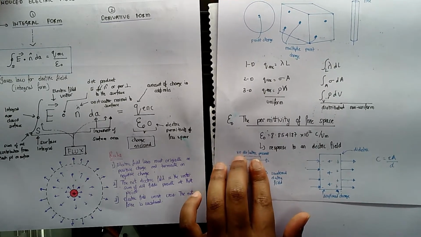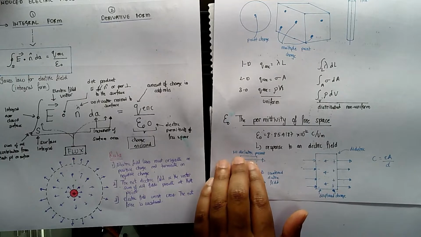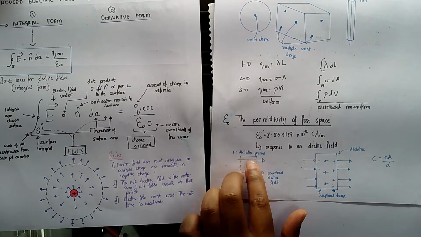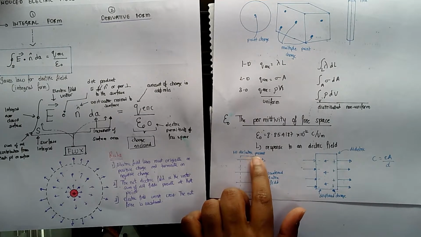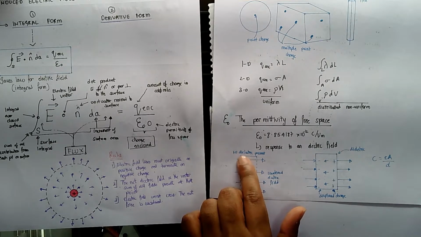It does not conduct, or it limits the flow of current. At a certain voltage, it will eventually break down. They'll have a breakdown voltage, but for most practical purposes, they don't allow electrons to flow freely. So they're not conducting in nature.